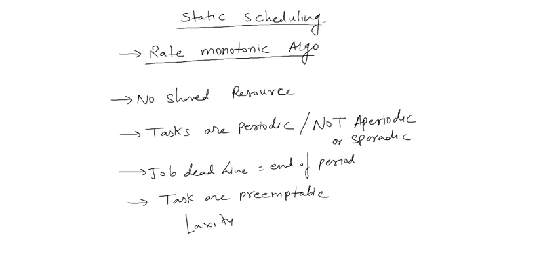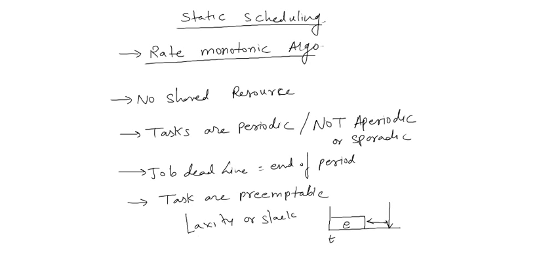Let's say this task has started executing here, and it executes for a time E, and this is the starting time and this is the deadline of the task. It has finished even before the deadline, so this period is called the laxity or slack of a task.